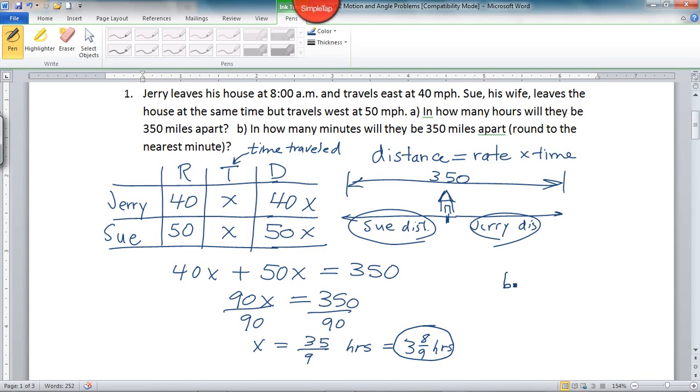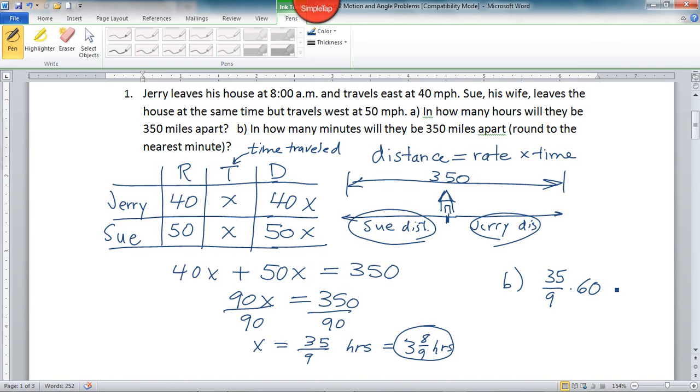Part B. In how many minutes will they be 350 miles apart? Well, to convert hours over to minutes, you multiply the number of hours by 60, and that will give you your minutes. So let's take the 35/9 hours, 3.89 hours, whatever.